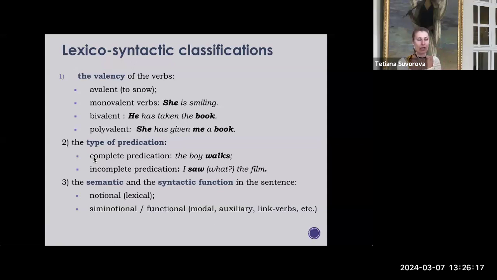I mean, they can build up questions, and at the same time, they realize the lexical meaning of modality, for example, obligation or request or permission or prohibition, and so on. And functional verbs are those which are not translated; they have lost their lexical meaning, and they merely perform the function of building up some form of the verb, negative or interrogative, or for example, a perfective or continuous form of the verb. Okay.